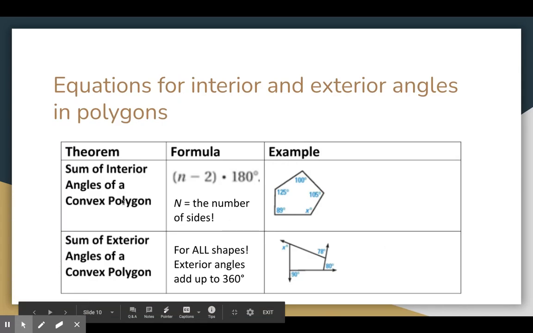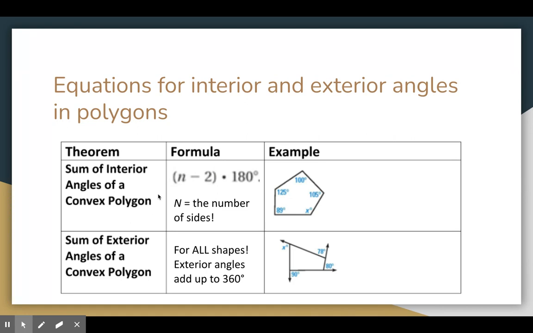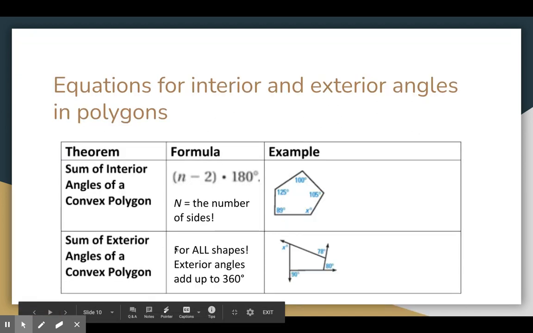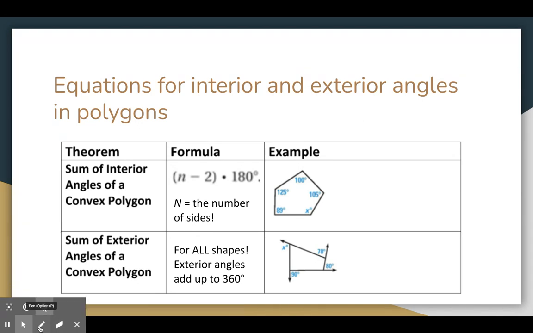Okay, and that is then what our formula is, the sum of interior angles of a convex polygon, right? When n is the number of sides, you just plug in the number of sides for n, subtract 2, and multiply it times 180. So we see here that we counted up 1, 2, 3, 4, 5 sides. Luckily up here, we already found out how many degrees are in a 5-sided shape, but let's just go ahead and use our formula.